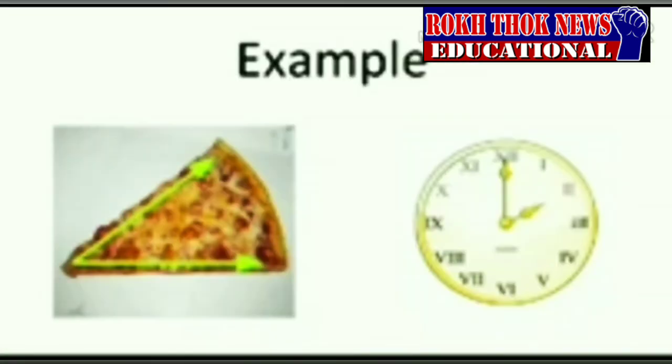Now what do you see in the next picture? Yes, a pizza slice. And can you see the arrow marks on this? Yes, this shows an example of an acute angle. And same with the second picture. The clock is showing an acute angle.